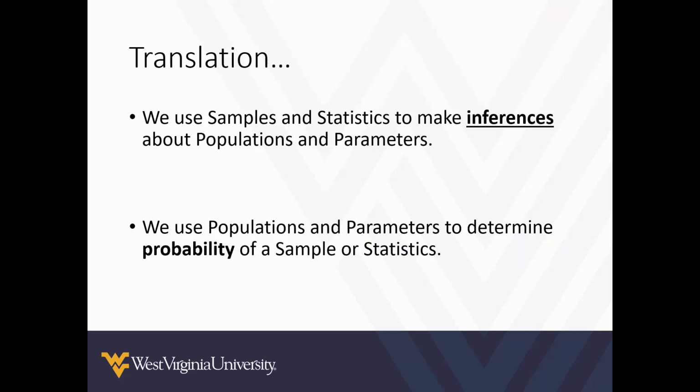We have an easier time collecting a sample, calculating a sample statistic, and using that to understand a population and the population parameters. When we're in the opposite situation, where we know the population and the population parameters, but we want to have an understanding of a sample we might pull, we call that probability. The term probability is something you're probably quite familiar with.